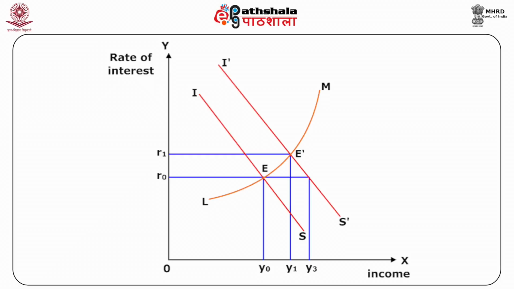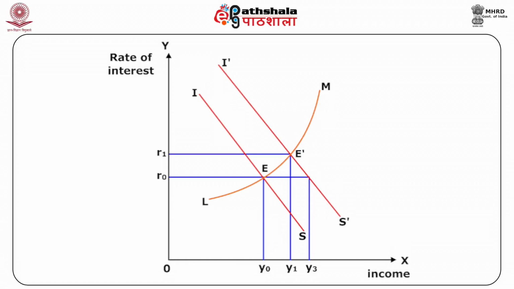As far as the derivation of the real LM function is concerned, here everything that we are considering is in real terms: the real national income, real rate of interest, real money supply and real money demand. We see with the help of a 4-quadrant diagram that the shape of a real LM function is just like the shape of a nominal LM function.